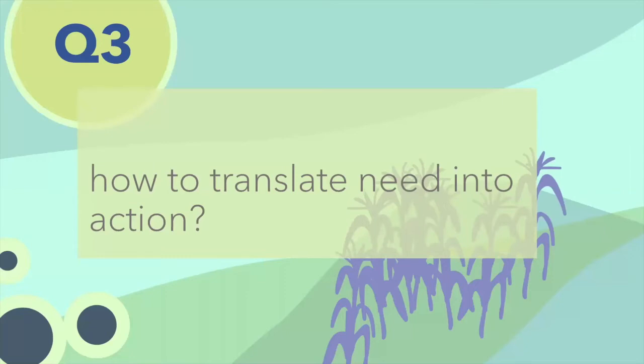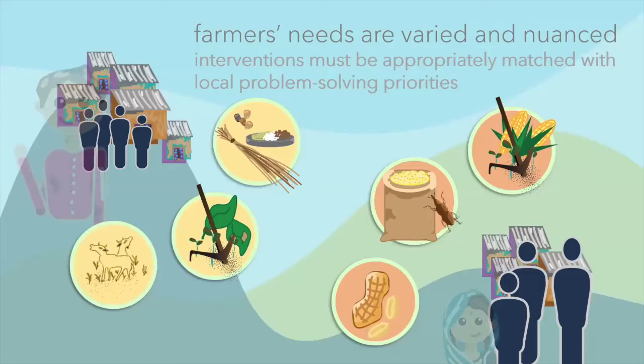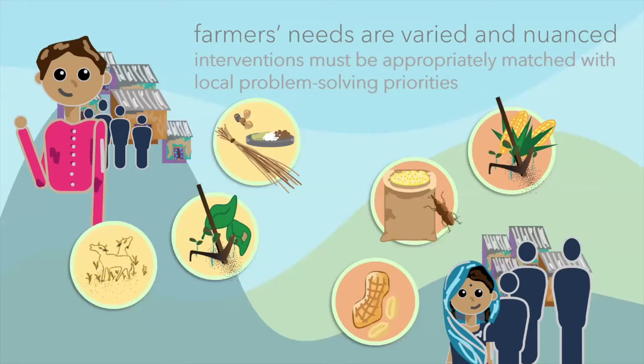And I want to use this opportunity to convince you that while it might be deliciously simplistic to say that blanket solutions can solve every farmer's problems, farmers' needs are actually very varied and nuanced, and therefore interventions must really be matched with priorities that are of local importance if there's any hope that they'll be adopted and sustainable over time.